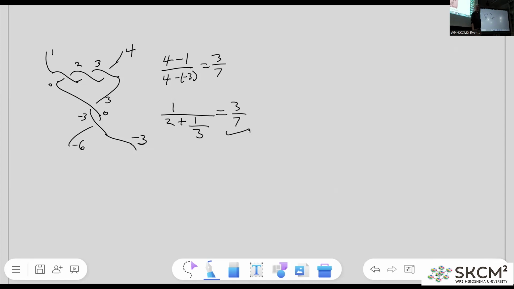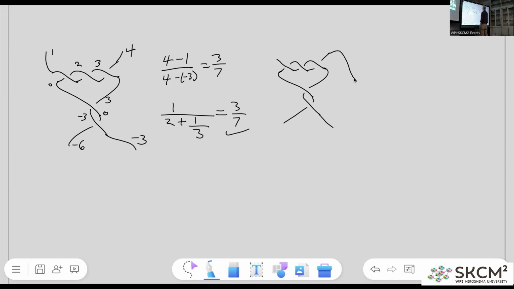So, works. Now, what if we added a twist on the right? So I'll copy it, and I'll add a twist on the right. One, two, three, 4 on the right.